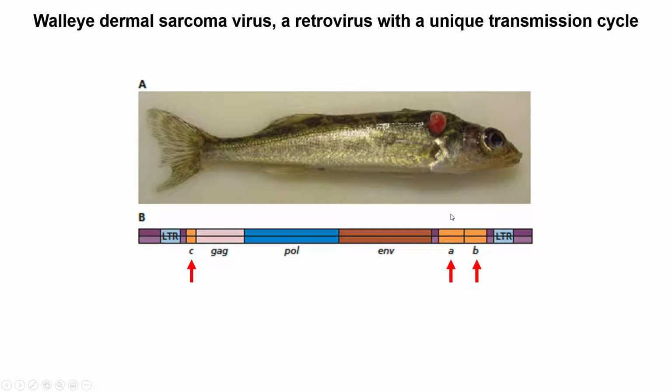So what happens is that during the spring, when the water temperature is high, these tumors start growing. But after growing, they fall off very quickly, and the virus can transmit to others.